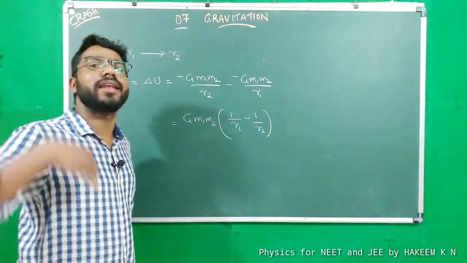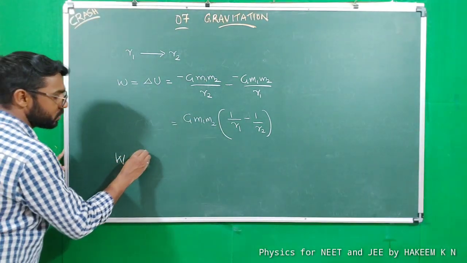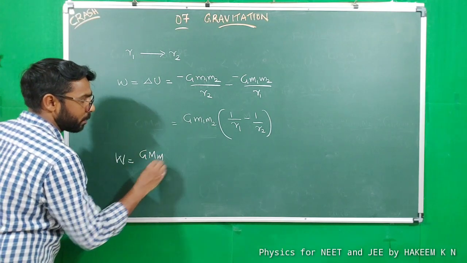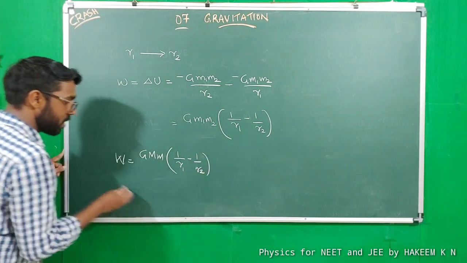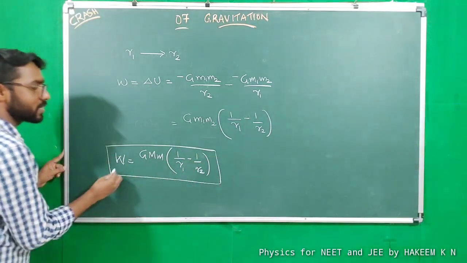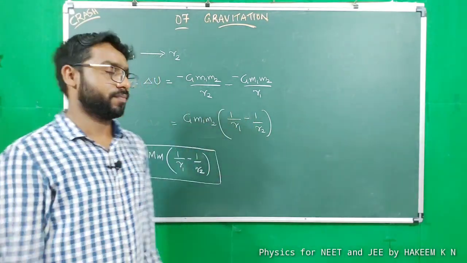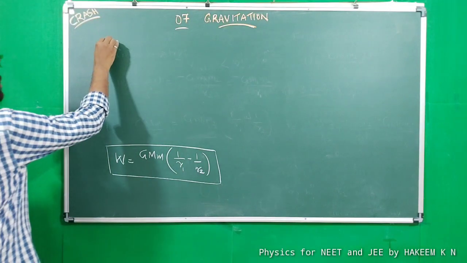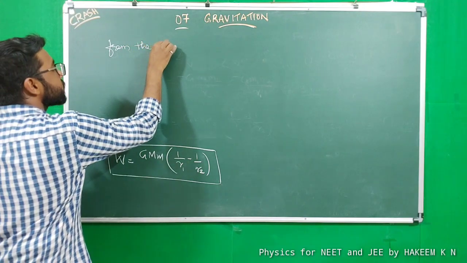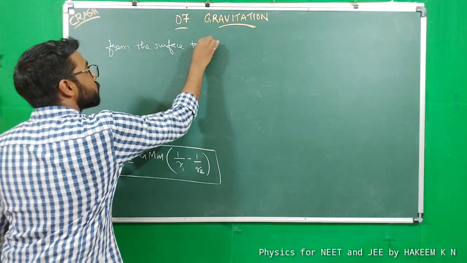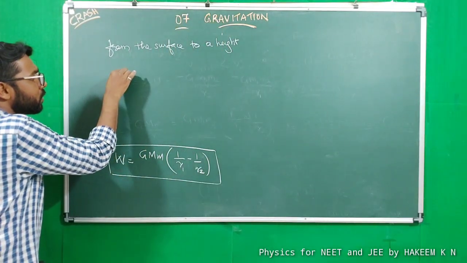For earth and another body system we can say work done equals what? G into capital M small m into 1 by r1 minus 1 by r2. Here you have to take the distances r1 and r2 always from the center of the earth. If a body is raised from the surface to a height h, then what is r1?